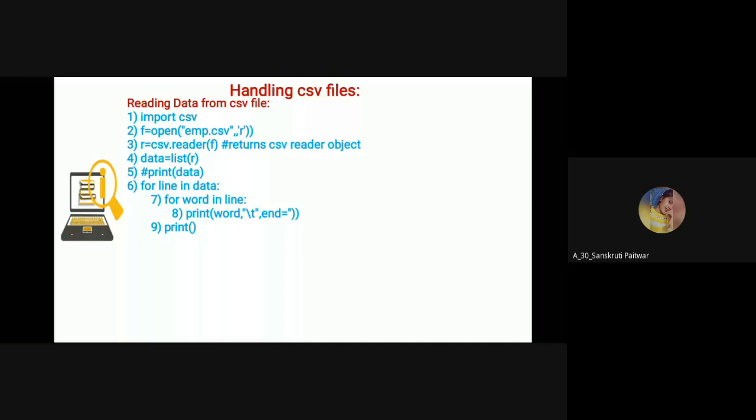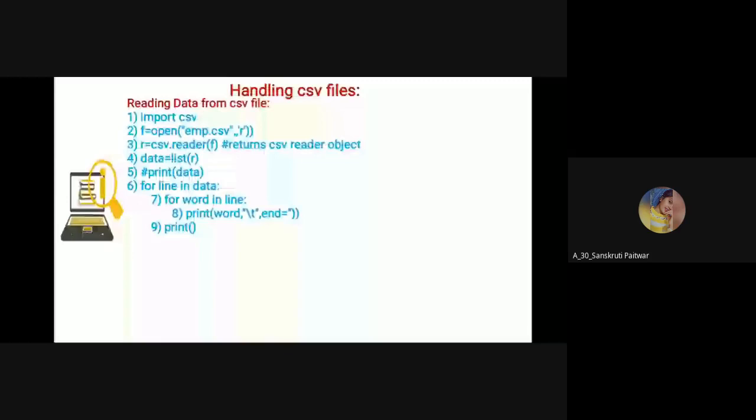So for line in data. Okay, at line number 6, for line in data, and so for each line, when we are considering a list of r, what will happen?